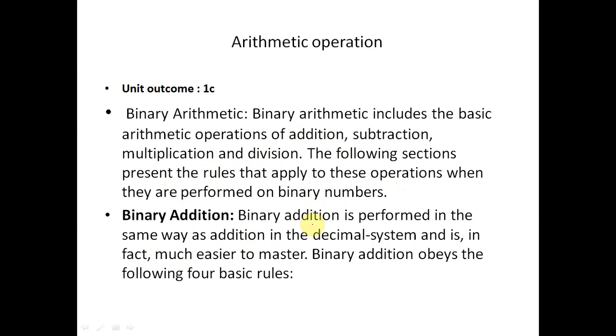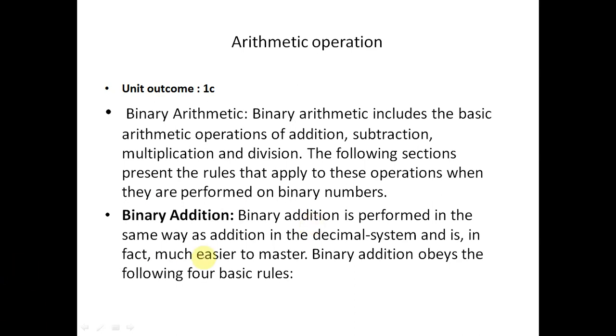In binary arithmetic, the operations are performed on binary numbers. Addition is used only for binary numbers, subtraction is used only for binary numbers, multiplication only for binary, and division is also used only for binary numbers.